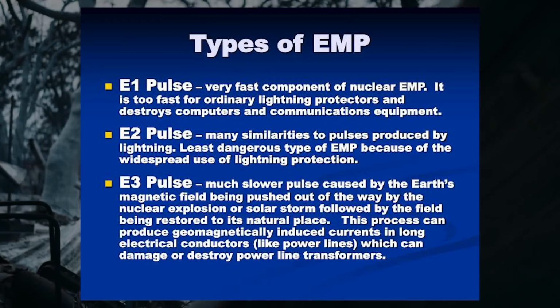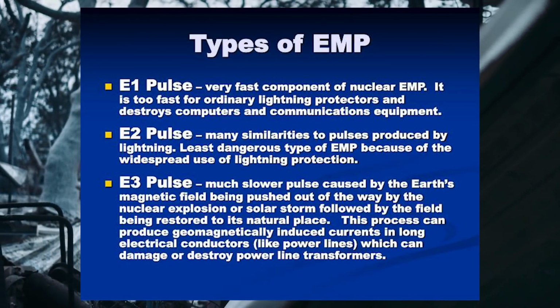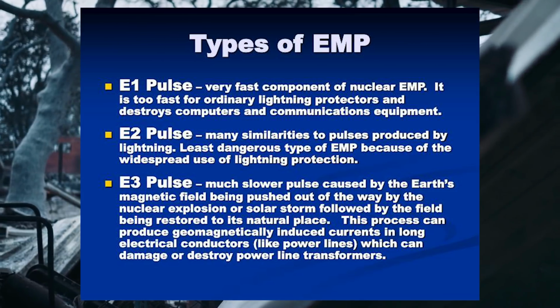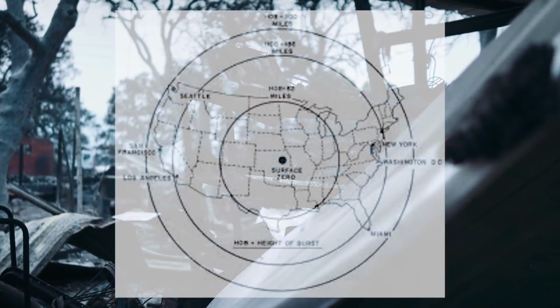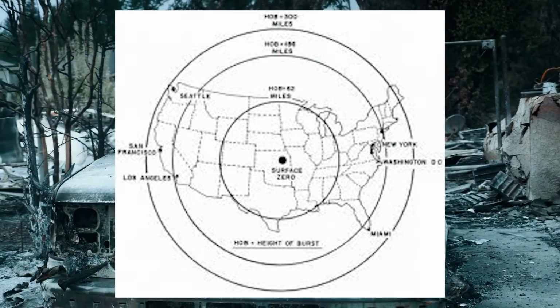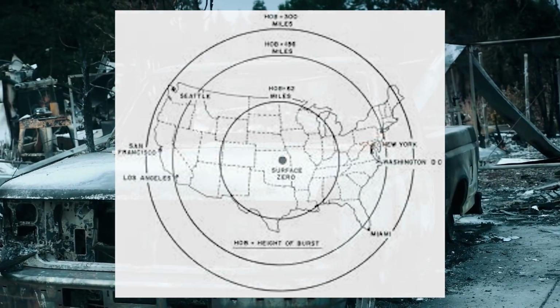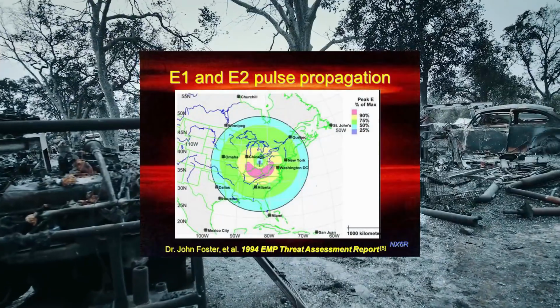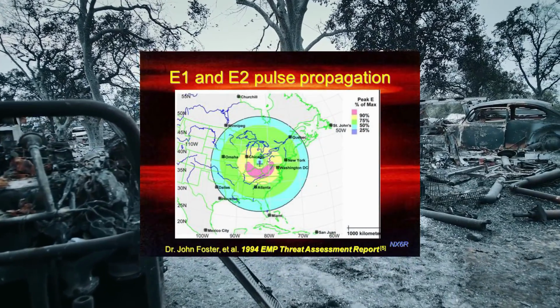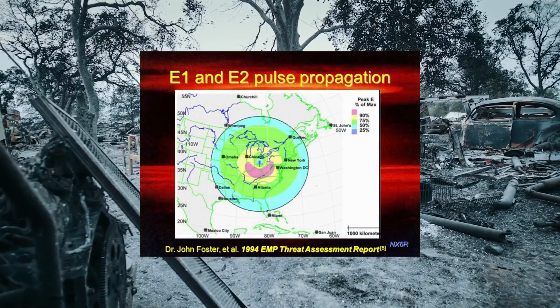The E2 pulse is the intermediate portion of the EMP and covers between 1 microsecond and 0.1 seconds. Its frequency band is between 1 Hz and 100 kilohertz. This middle time component covers roughly the same geographic area as the first component and is similar to a lightning strike, but is far more geographically widespread in its character and somewhat lower in amplitude.